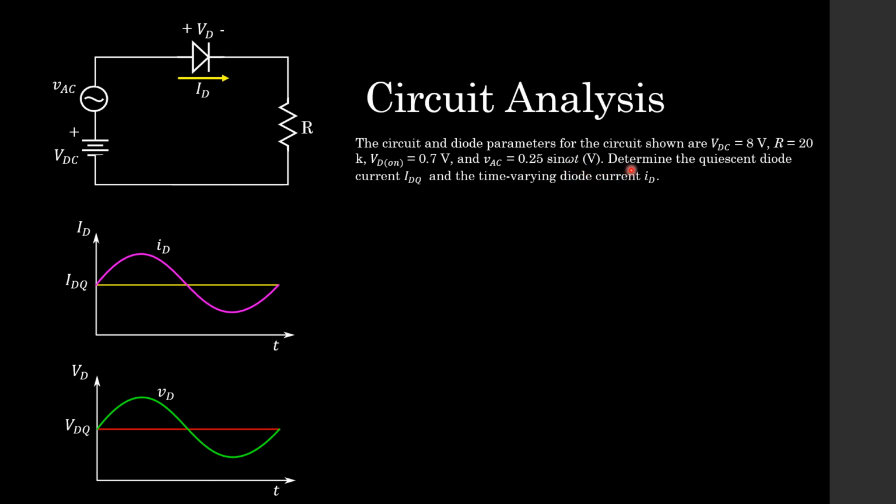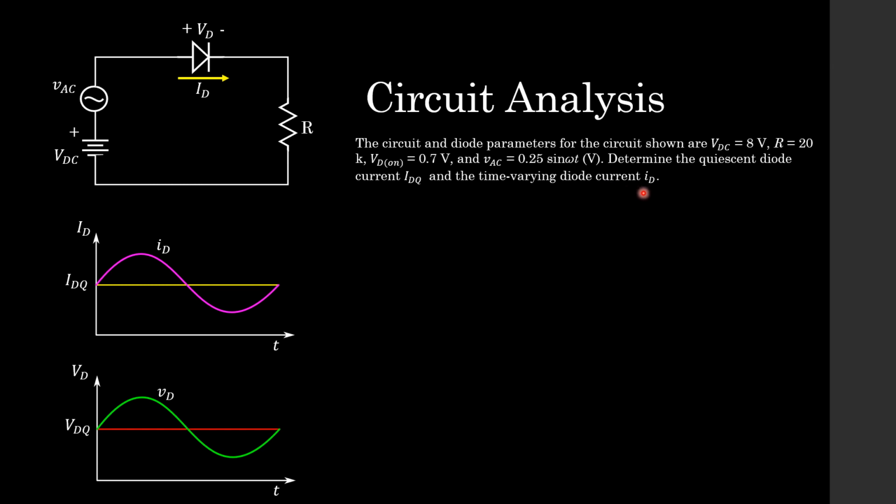And what we're asked to do is to determine the quiescent diode current IDQ. Very difficult word to pronounce, students, so I'm just going to say Q from now on. So the Q diode current IDQ and the time varying diode current ID, or small id.